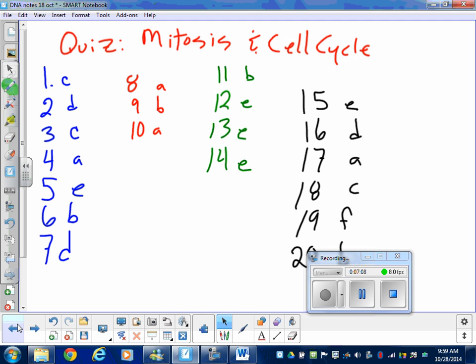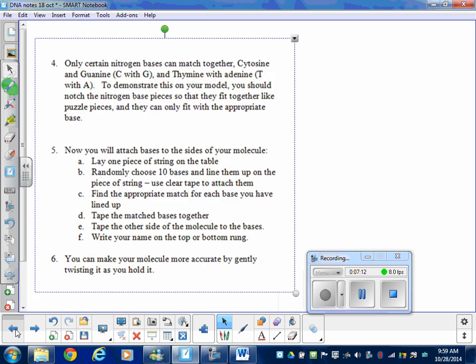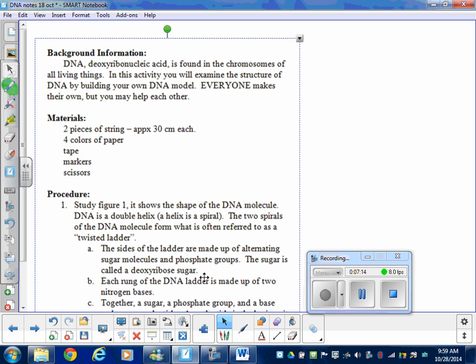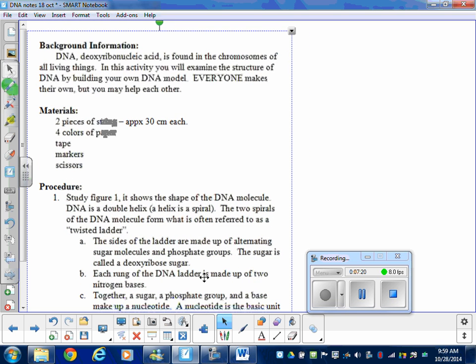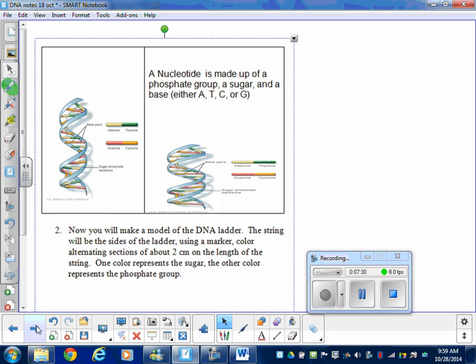So as you read over this, all the answers are here. Everybody is going to make their own DNA molecule. Like any lab or activity, you can help each other out at your table group, but everybody will do this part today and tomorrow. If you don't finish today and tomorrow, then you'll need to do it in class.